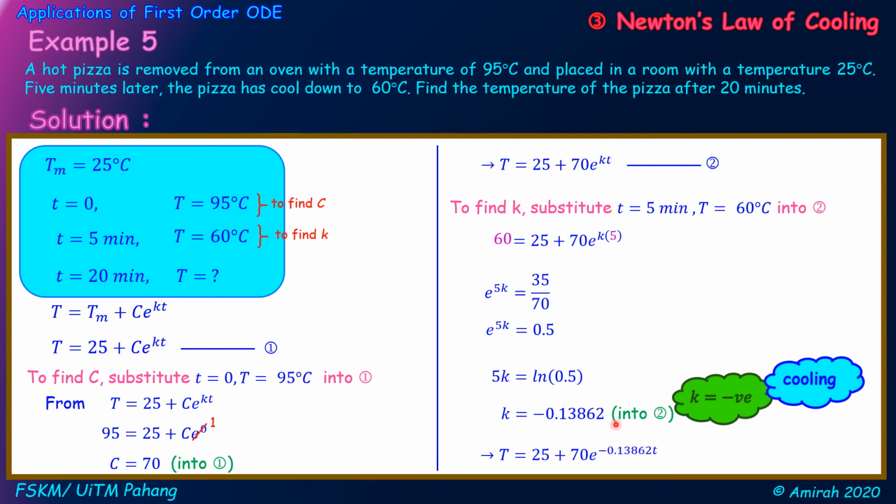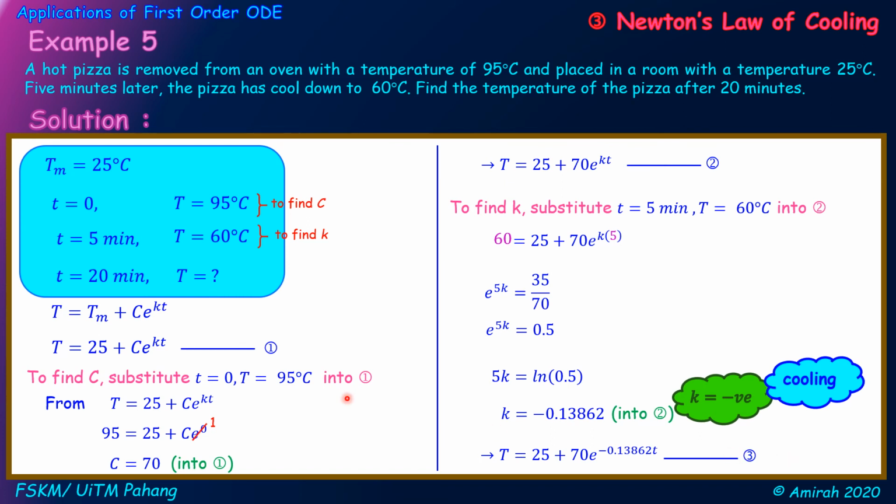Alright, then we substitute k into equation 2. So we get T equals 25 plus 70 e to the power of, we replace k by negative 0.13862, and then t. Then we name it equation 3.